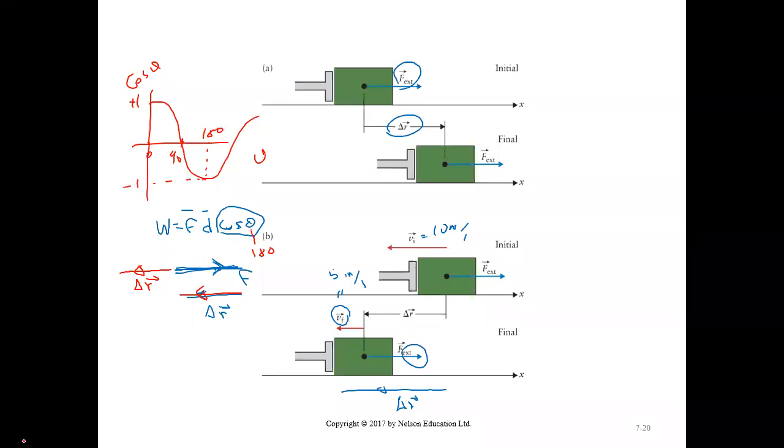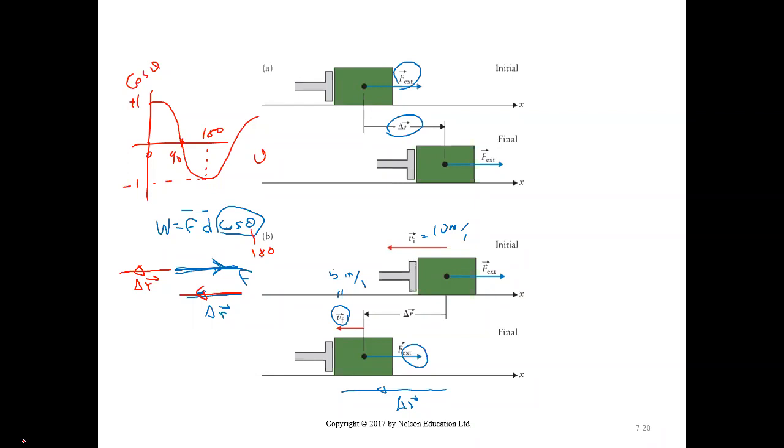For all the values of theta from 0 to 90, it is positive. It starts from 1 when cosine 0 is 1. Then as the angle increases, it becomes less and less. At 90 degrees, it becomes 0. Then as it increases from 90 to 180, it becomes more and more negative.